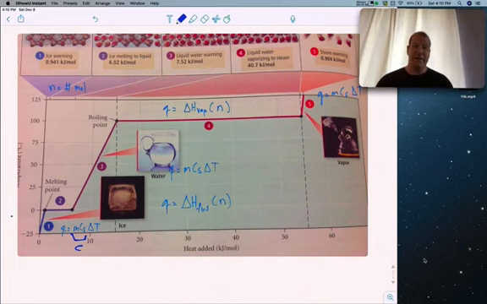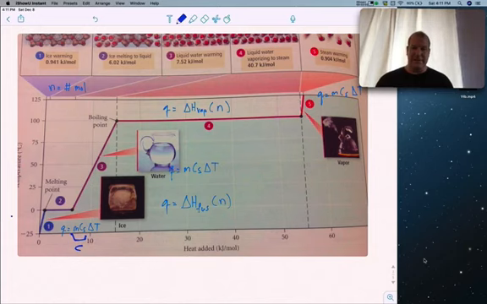Then number 3, this is liquid water. The heat is going to be mass times specific heat capacity times change in temperature. And then at point number 4, the liquid is boiling. As it boils, the total energy transfer is going to be the heat of vaporization, or the latent heat, times the number of moles. And then we get to steam at point number 5.